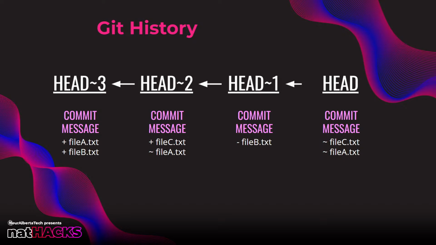But in simple terms, you're going to be pointing at a head, which is basically where you're currently at, right? And then you have your previous versions before you. Your current head will point at a previous version, wherever it basically spawned out of, whatever it changed. And that version, that snapshot in time, will point to a previous snapshot in time, and so on.